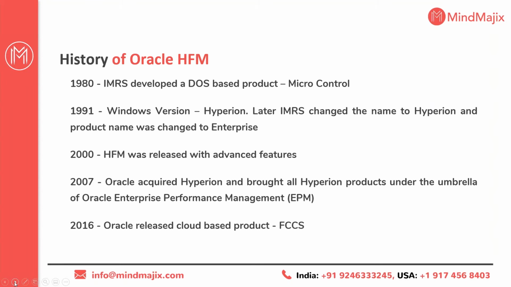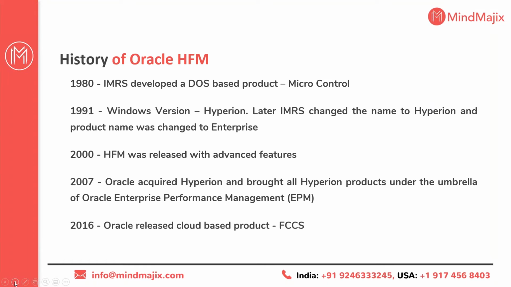Over the line, probably in the next 10 years or so, on-premise might not be there. But at this point of time, for the next 10-15 years, we are going to have on-premise at least, because they have released a software version called 11.2, which I'm also working on in terms of migration.